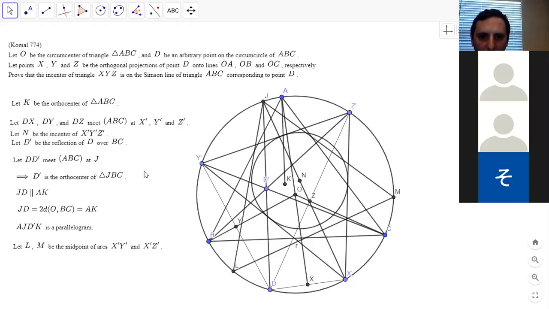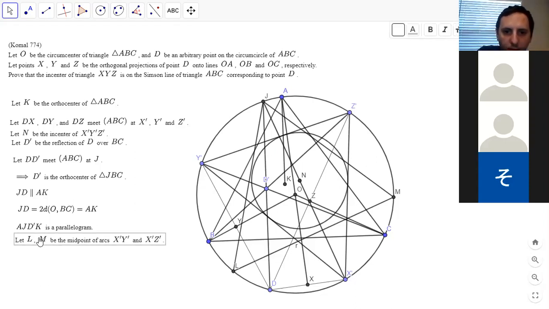But okay, so that follows. So these two imply that N is the, because we have that J is the midpoint of... okay, so first of all, by the incenter-excenter lemma, D prime is the incenter.